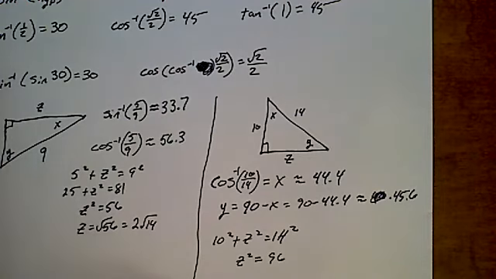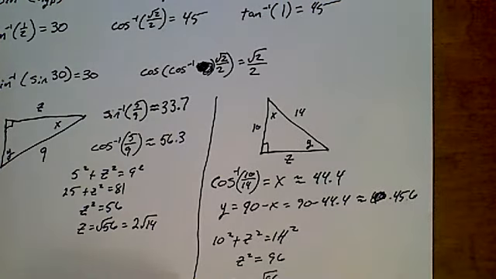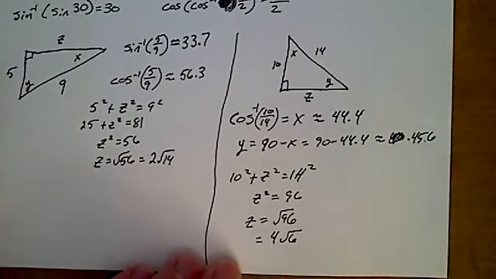And if we take the square root of both sides and simplify, if you don't simplify, you'll get the square root of 96. If you do simplify, you get 4 root 6.